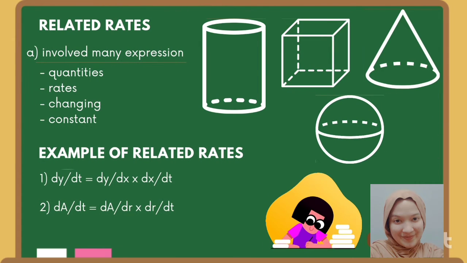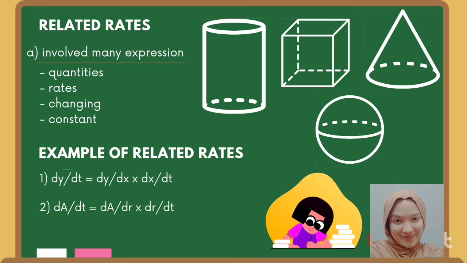In conclusion, related rates problems involve many expressions. Some represent quantities, some represent their rates, some are changing and some are constant. It is important to understand all of the expressions so you can assign appropriate values. For example, if the function is y, then the equation becomes dy over dt equals dy over dx times dx over dt.